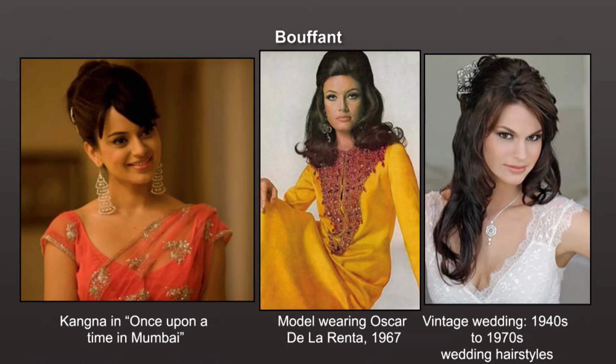Oscar de la Renta is a Dominican American fashion designer who started his work in 1967. The house of Oscar de la Renta is still a well-known name worldwide. In the picture, we can see the bouffant hairstyle and an attire inspired clearly from the Orient.